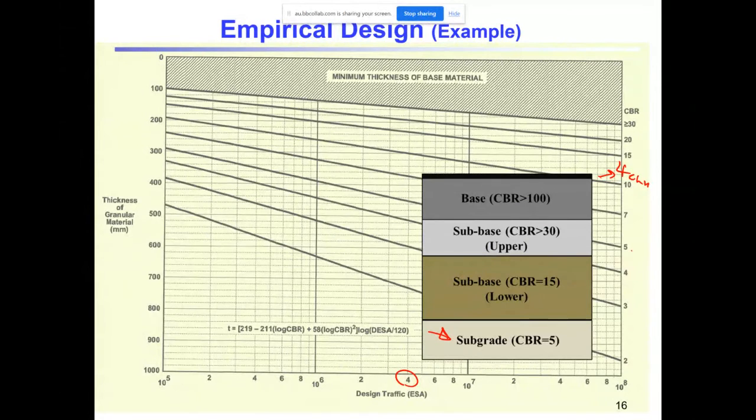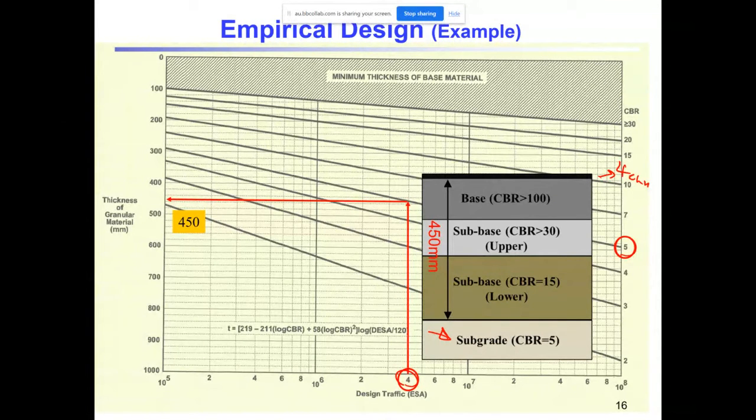And the CBR for the subgrade is 5. We draw a vertical line. Then we read the total thickness of the pavement. So the total thickness is 450 millimeters.